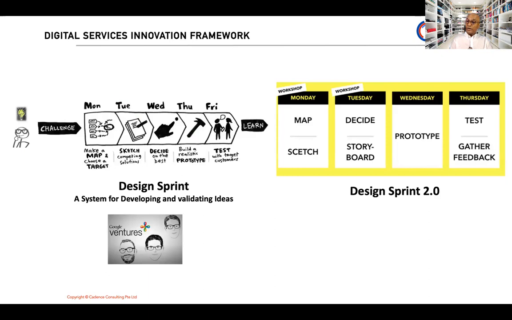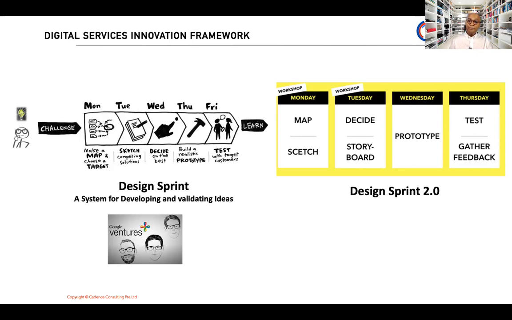Unlike the original design sprint, which takes 5 days, I use an updated design sprint 2.0 that takes only 2 days from the entire team and another 2 days from a subset of the team to build a prototype and get user feedback.